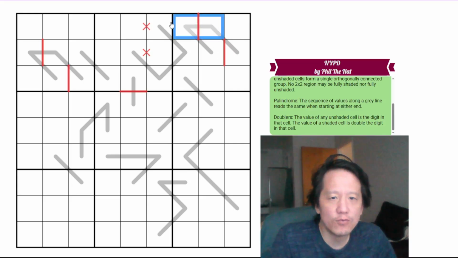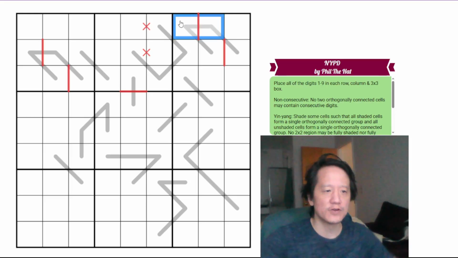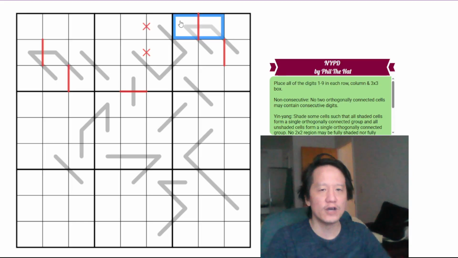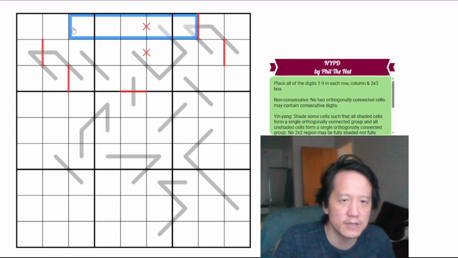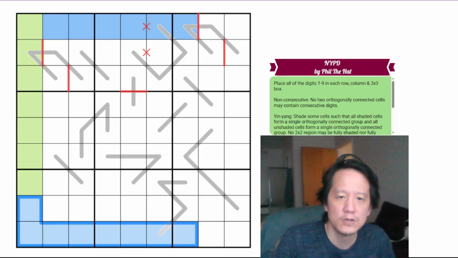So we have one break here. So in yin yang, you can only have on the edge of the grid 2 swaps in sets. Because if you had more than that, so say we had a swap here, and then a swap here, and then say another swap here.